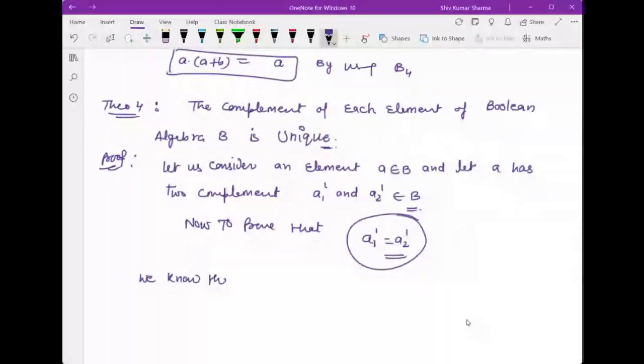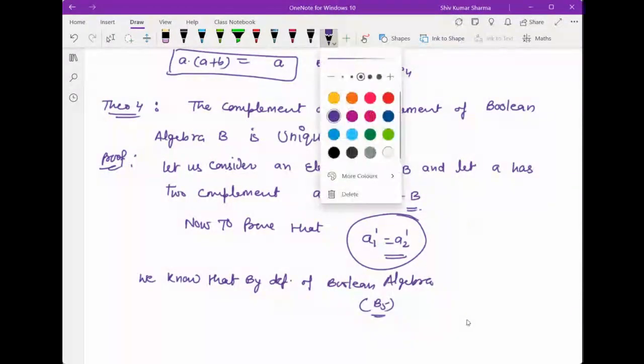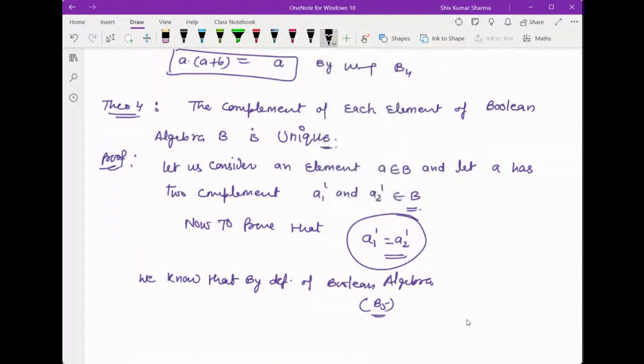We know that by the definition of Boolean algebra, we use the property B5 here. By property B5, we can write the complement property.